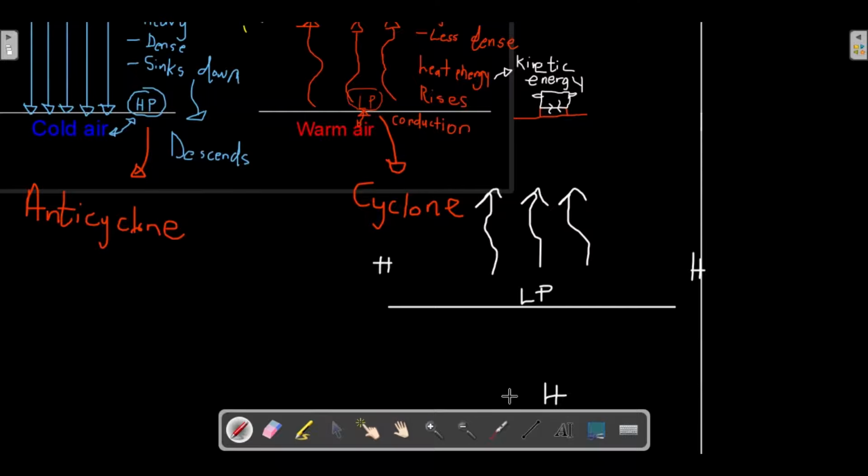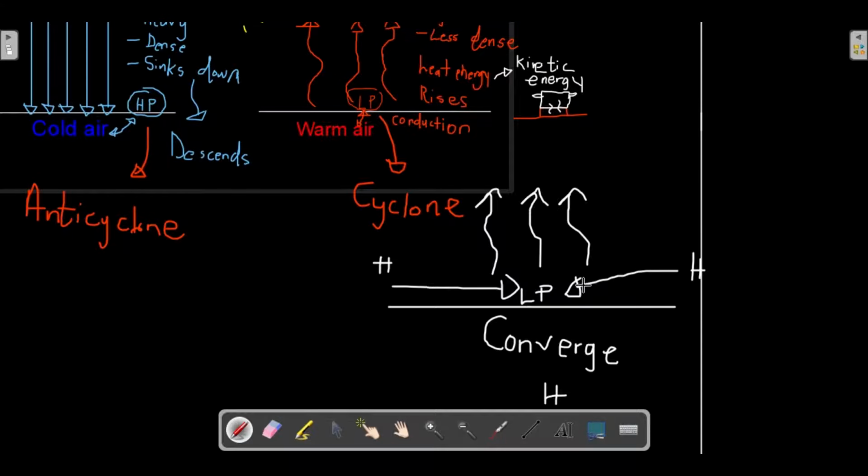Air from relatively higher pressure areas wants to fill that space, or what we say is that they converge, they meet there at that area of low pressure. So this is what happens.